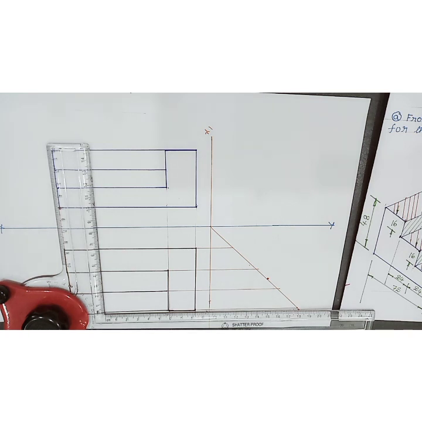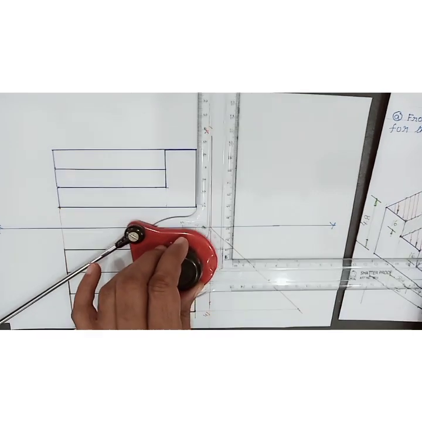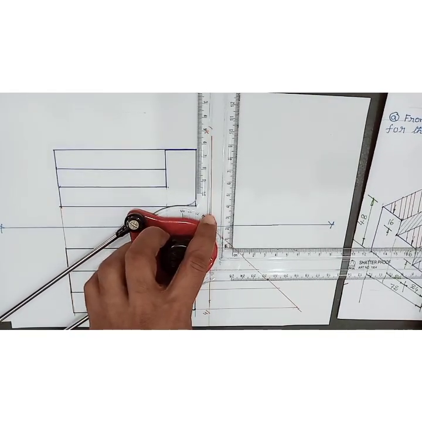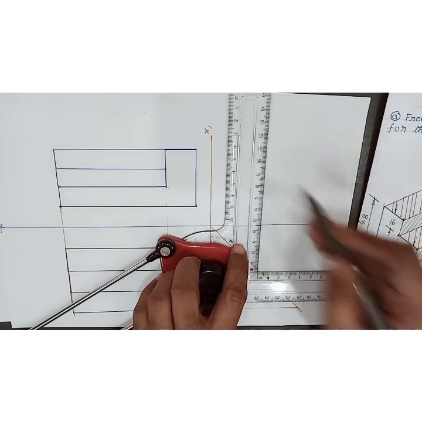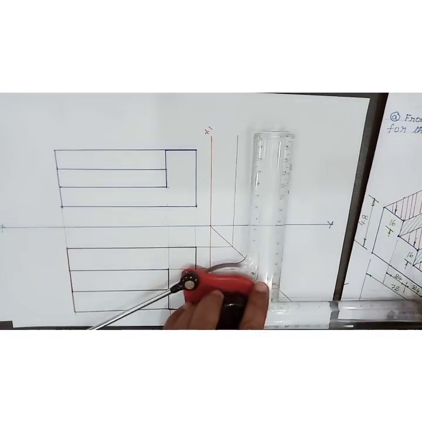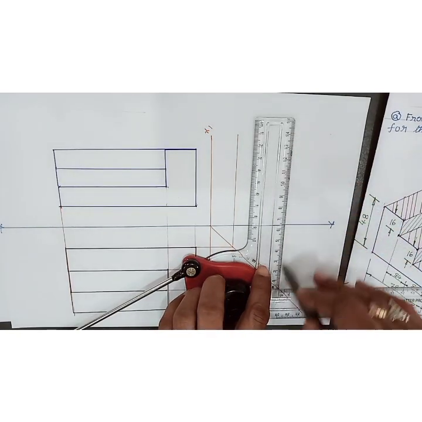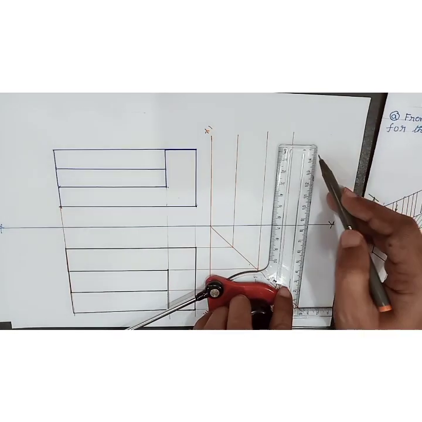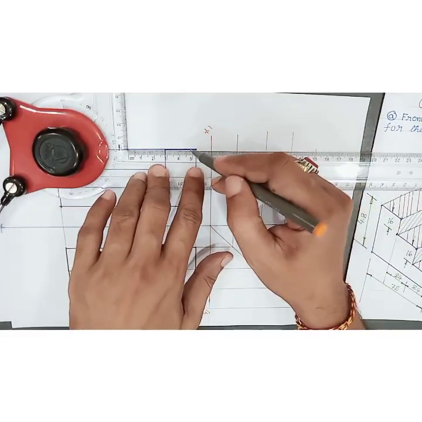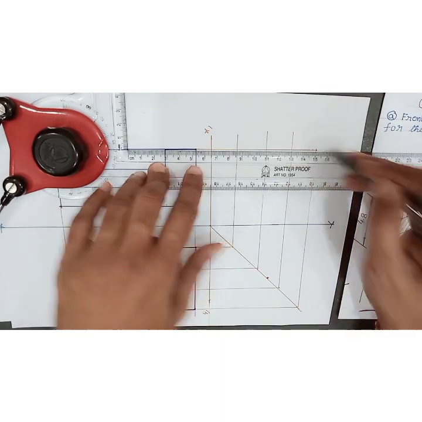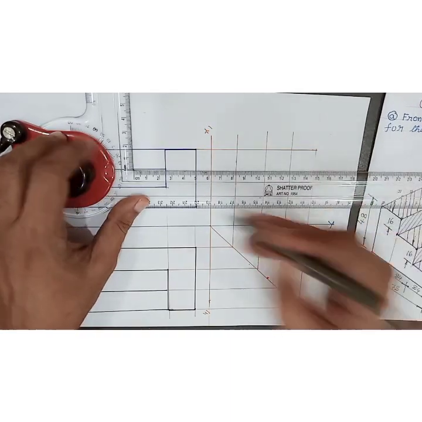After drawing the 45 degrees line as well as projectors from the top view, locate the intersection points on the inclined line. From those points on the inclined line, draw projectors towards the profile plane. Then drop projectors from the front view also. All these projectors are with a 2H pencil.